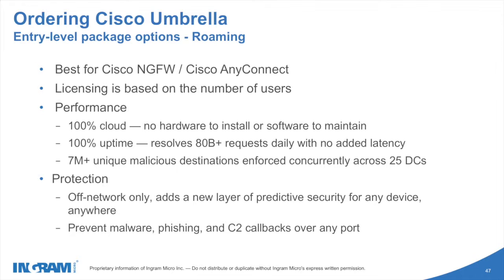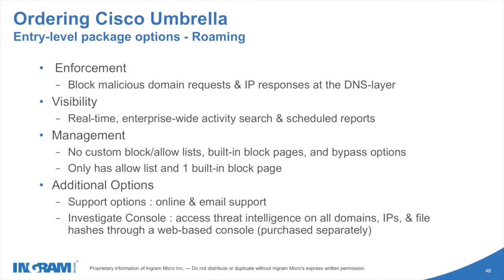In terms of protection, this offering is for off-network only, adds a new layer of predictive security for any device anywhere, and prevents malware, phishing, and C2 callbacks over any port. Enforcement: block malicious domain requests and IP responses at the DNS layer. In terms of visibility, real-time enterprise-wide activity search and scheduled reports.